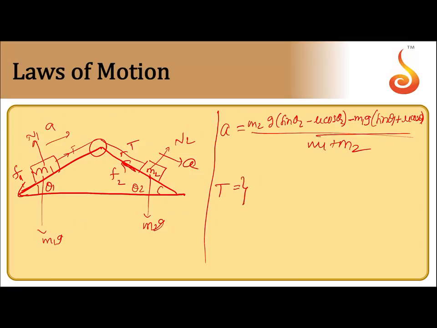What are the two equations? T minus m1g into sin theta 1 plus mu cos theta 1 is equal to m1a, and m2g into sin theta 2 minus mu cos theta 2 minus T is equal to m2a. So, the last part is kept as your exercise.